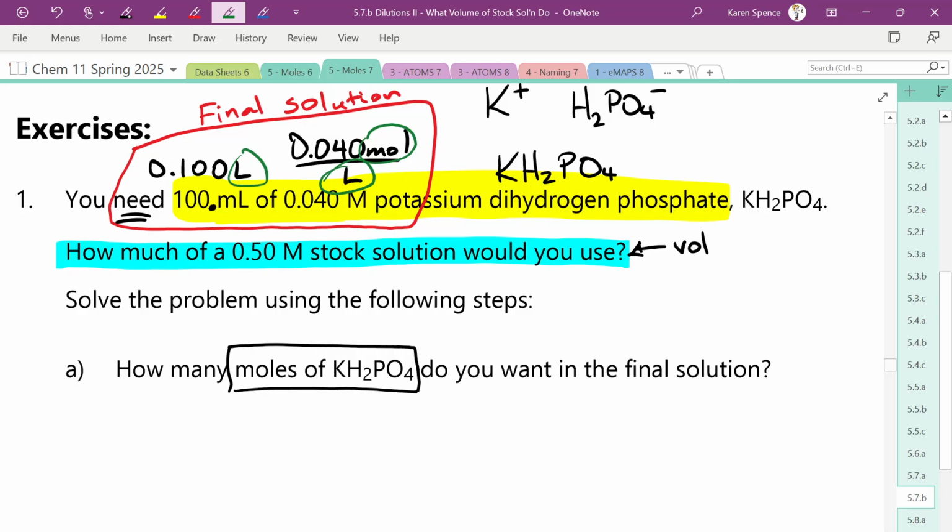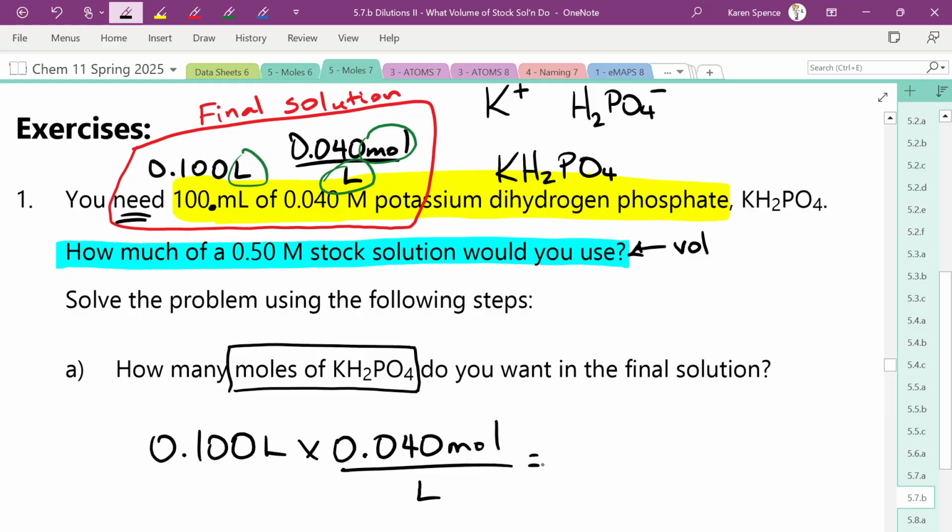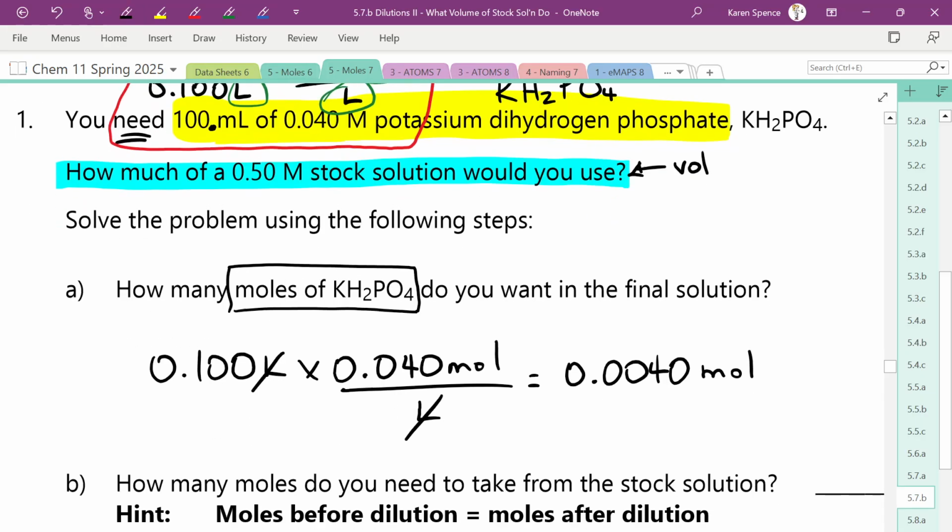So what we're going to have is 0.100 liters times 0.040 moles per liter. And that gives us 0.0040 moles. So that's how many we want in the final solution.